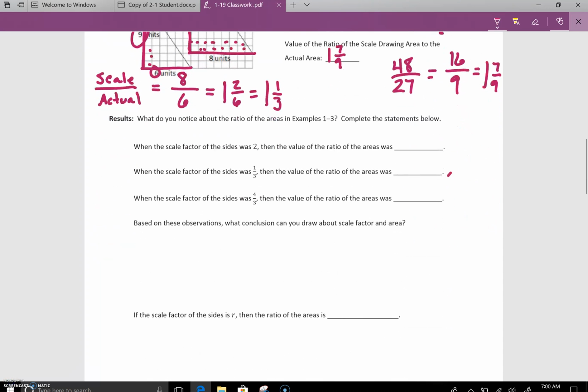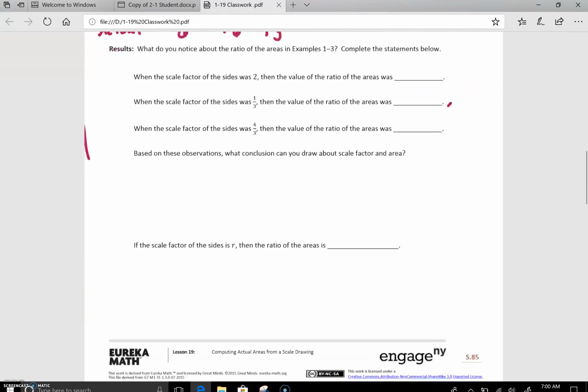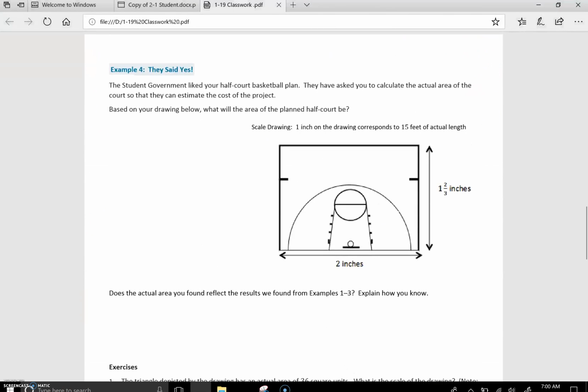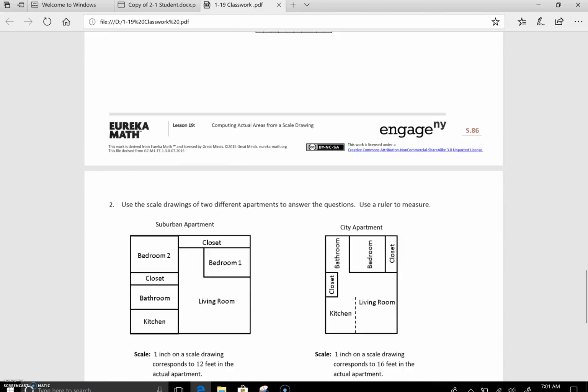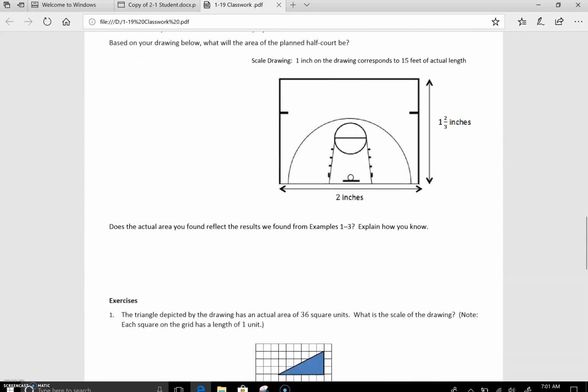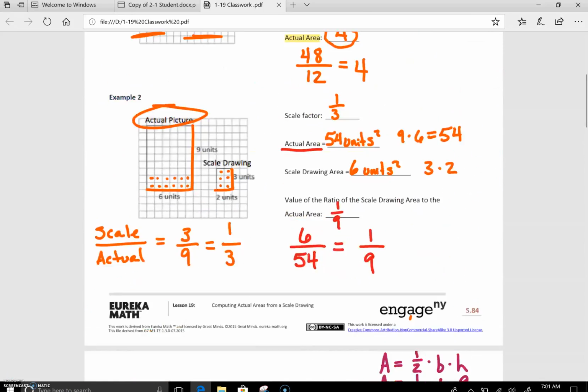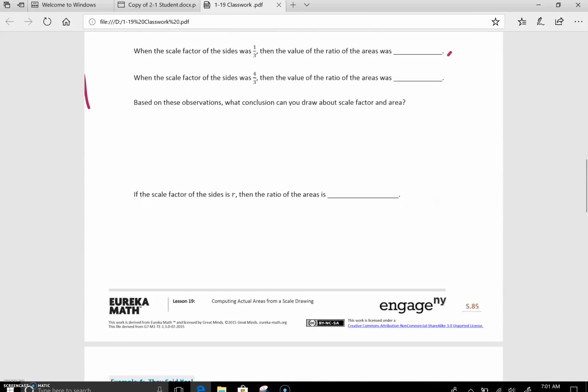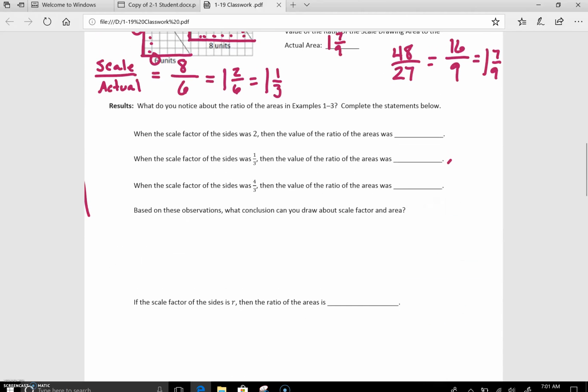Okay, we're going to go through these last 3 questions together, directly under this, and then you guys are going to work on example number 4 and the exercises on the next couple of pages. Okay, so we're looking right here.